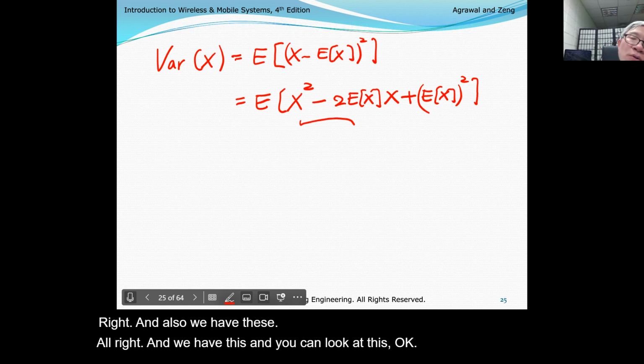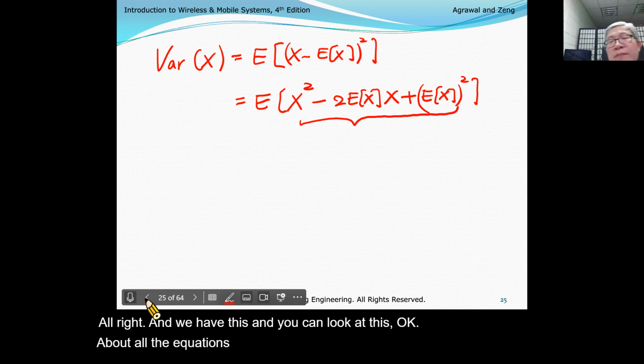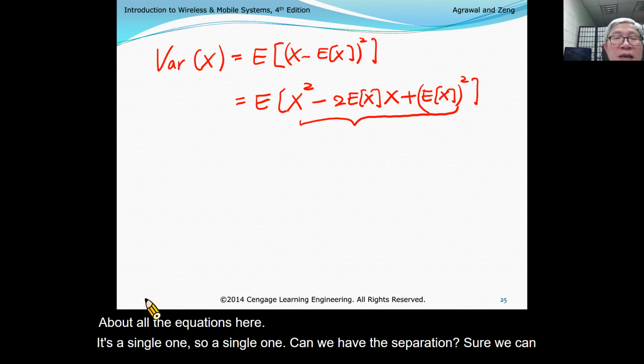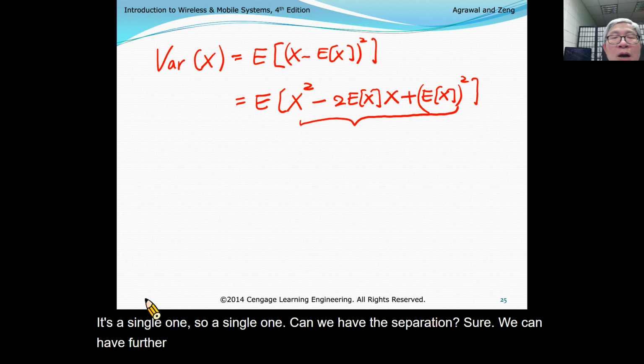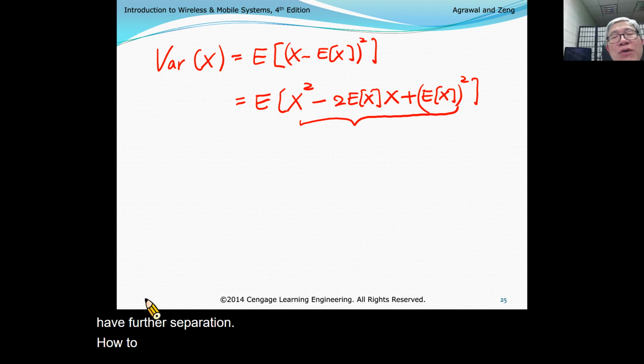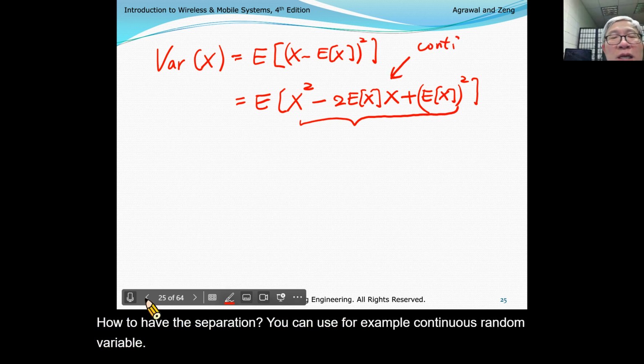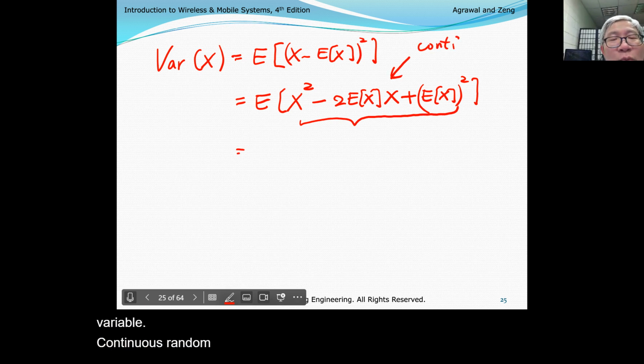About all the equations here, it's a single one. So single one, can we have the separation? Sure, we can have the separation. How to have the separation? You can use, for example, a continuous random variable. Continuous random variable says, oh, okay, we have this.